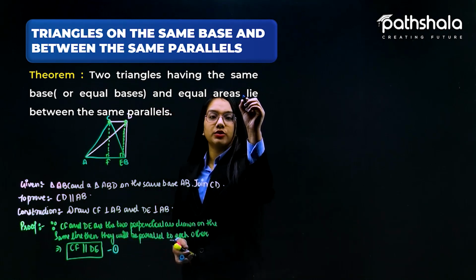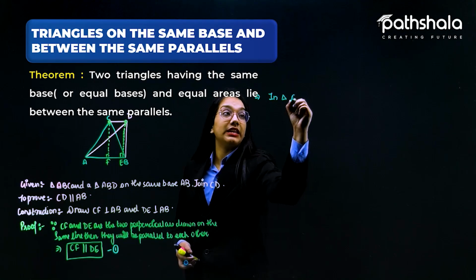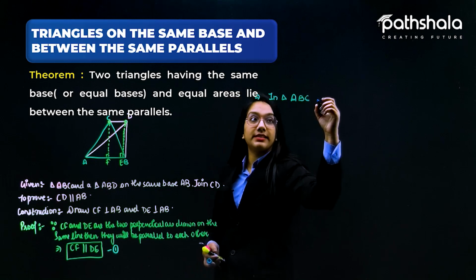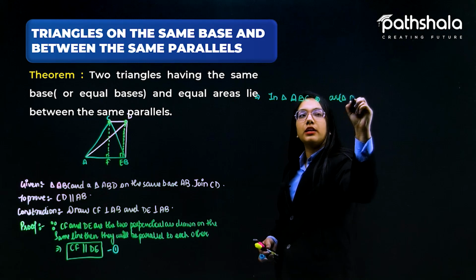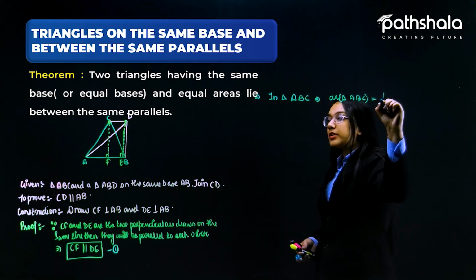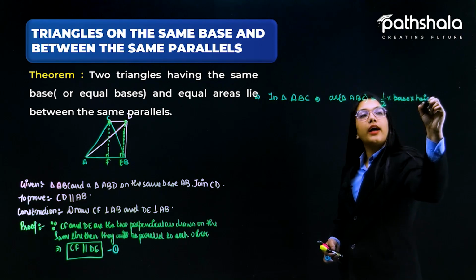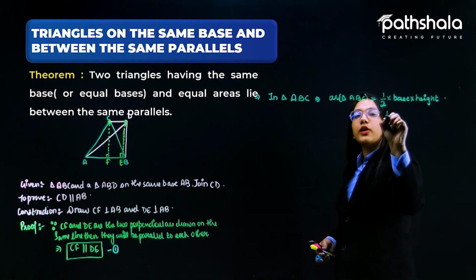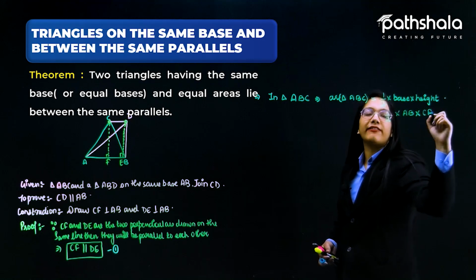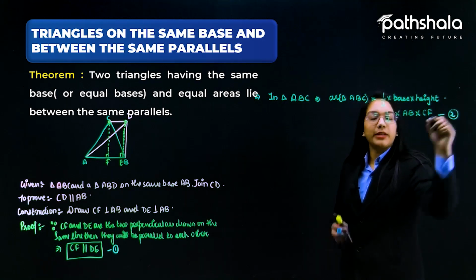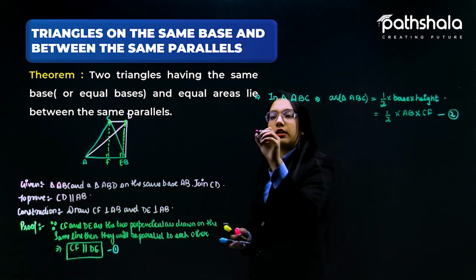Now in triangle ABC, the area of triangle ABC is equal to half into base into height. I can take the base as AB and the height as CF. Let us call this 2.